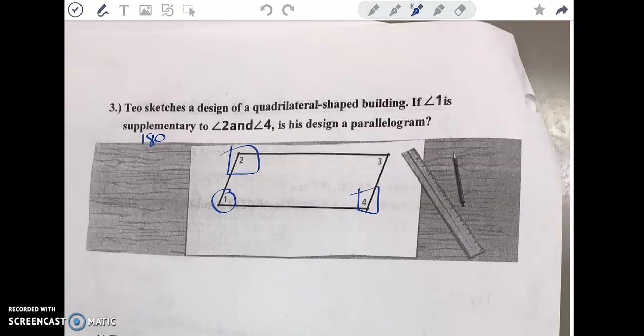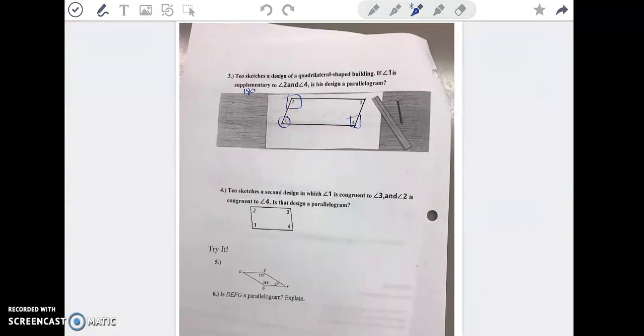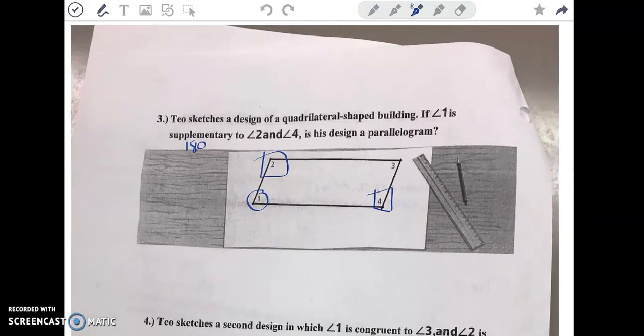So is his design a parallelogram? Yes, it is, and that's based on what we talked about yesterday as well. If you have a parallelogram, then your consecutive angles are supplementary, and our consecutive angles are supplementary here. So yes, this is a parallelogram.